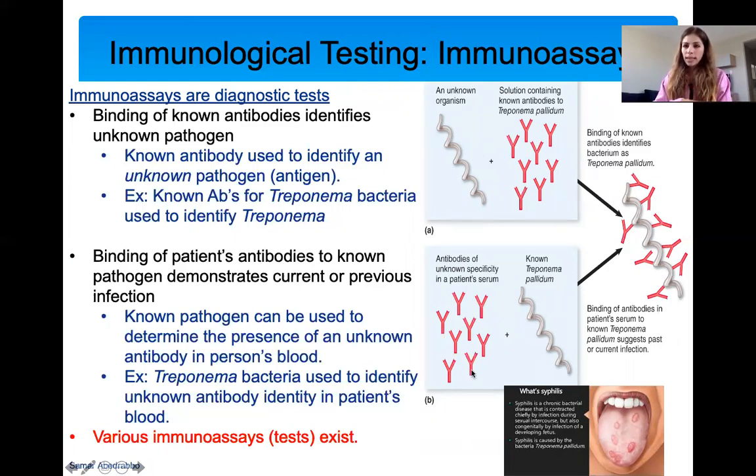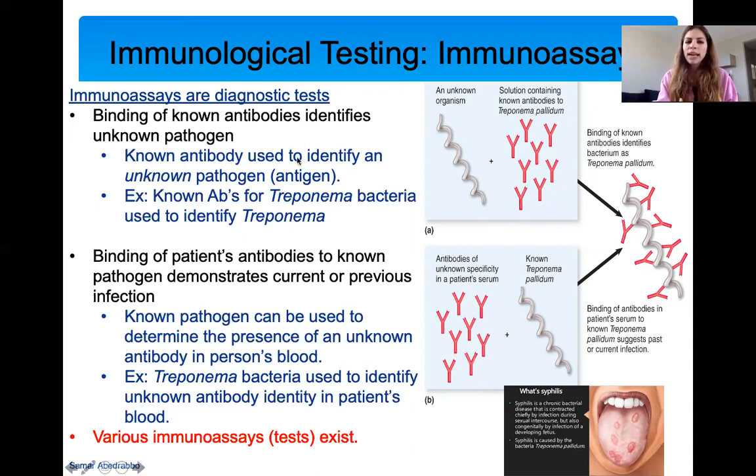Or you can take a blood sample from someone and see, do they have the antibodies that actually bind the pathogen? So you take antibodies from the patient's serum, or the fluid component of their blood, and you mix it with the actual organism that causes syphilis or whatever disease you're studying. And if you see interaction, then they do have the disease or infection.